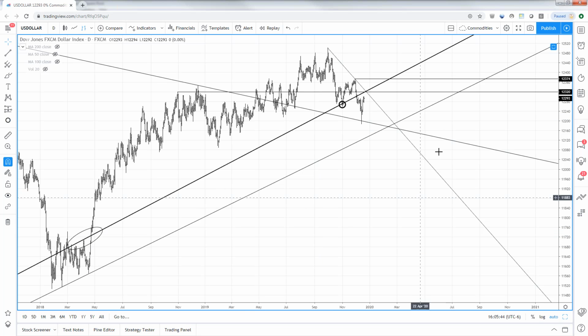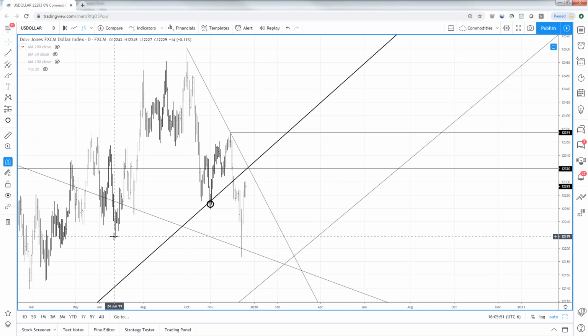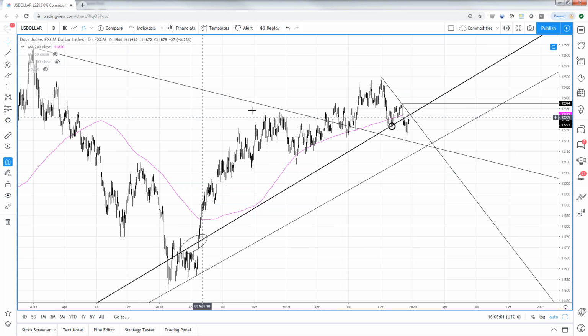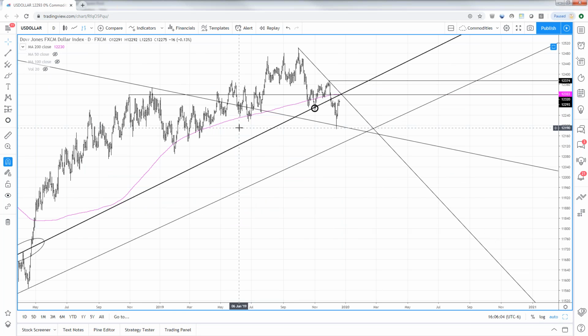So as it stands right now, that line, which is a little bit higher, right? It's going to be 12,320. As I said yesterday, it's also the 200-day average. Okay, that's right there. And you've got, frankly, just some important highs over there.